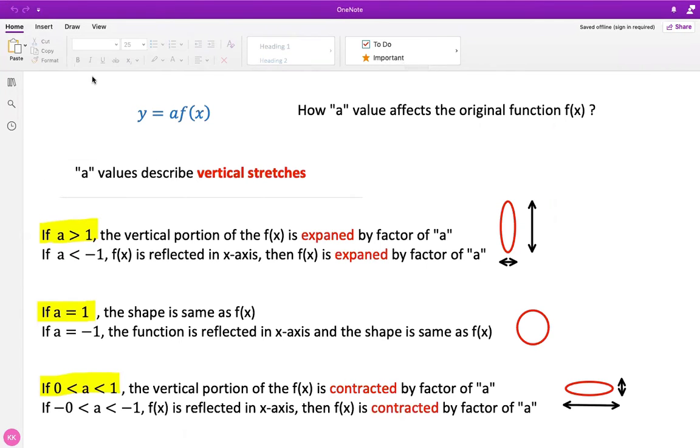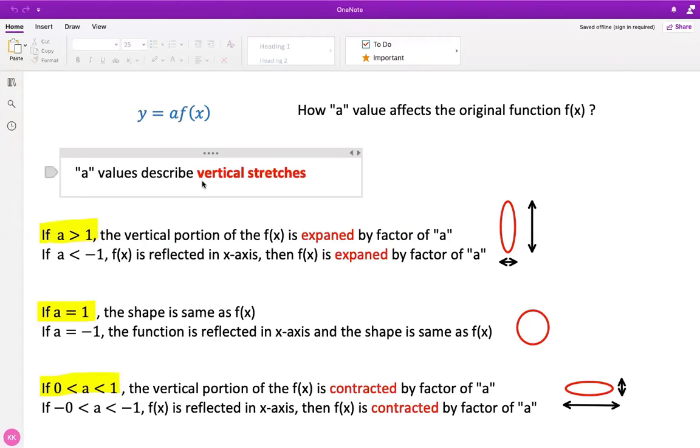Next, I want to apply the stretches concept to a function. I'll show you the function y equals a times f of x, where a is a constant, and I want to investigate how the a value affects the original function f of x. The a value describes the vertical stretches, which means it affects the vertical component of the function.